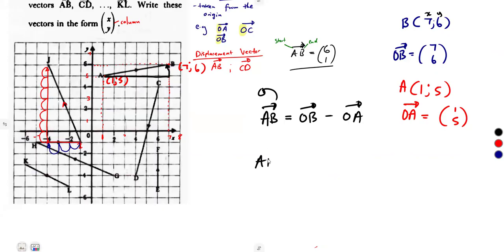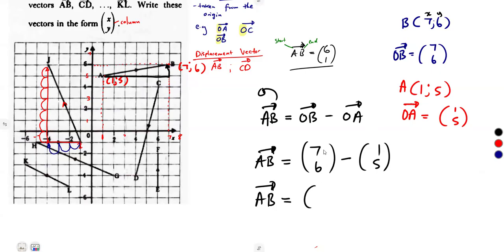All right, so AB was going to be OB, which is the position vector, 7, 6, minus OA, our A, which is 1, 5. So we are going to obtain the vector AB, the displacement vector. 7 minus 1, remember the concept, corresponding elements. 7 minus 1, that's a 6. 6 minus 5, that's a 1.